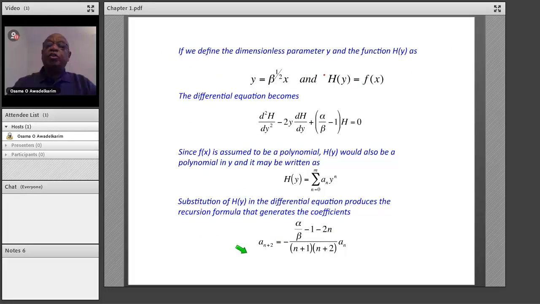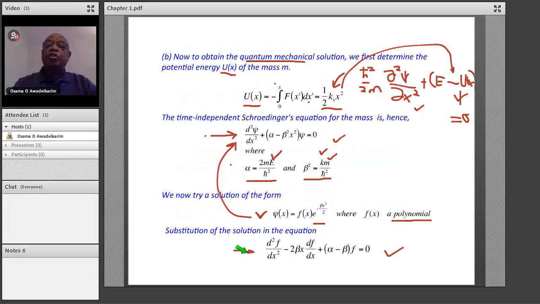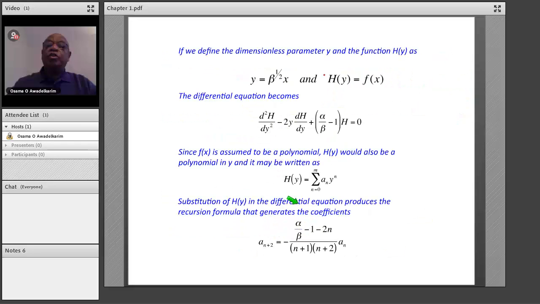How do we solve it? Now, again, here we have the function f, so the differential equation, the Schrodinger equation, becomes an equation in this function f. So now, what we do, again, I'm just outlining the solution, is change the variable x to a variable y, which is equal to beta to the power half times x, and then use h of y instead of f of x.